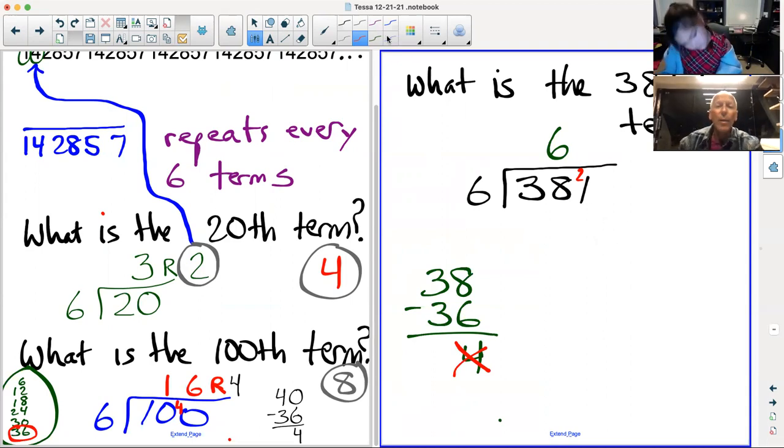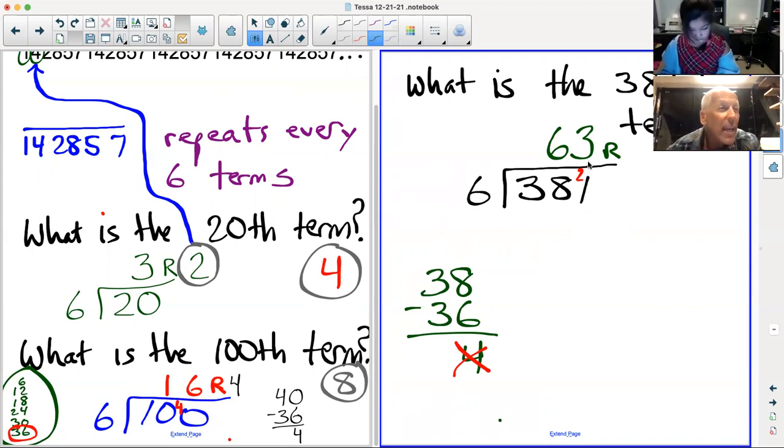21. So how many times does 6 go into 21, Tessa? And then what's the remainder? 3 times. Wow. With a remainder of? Come on.